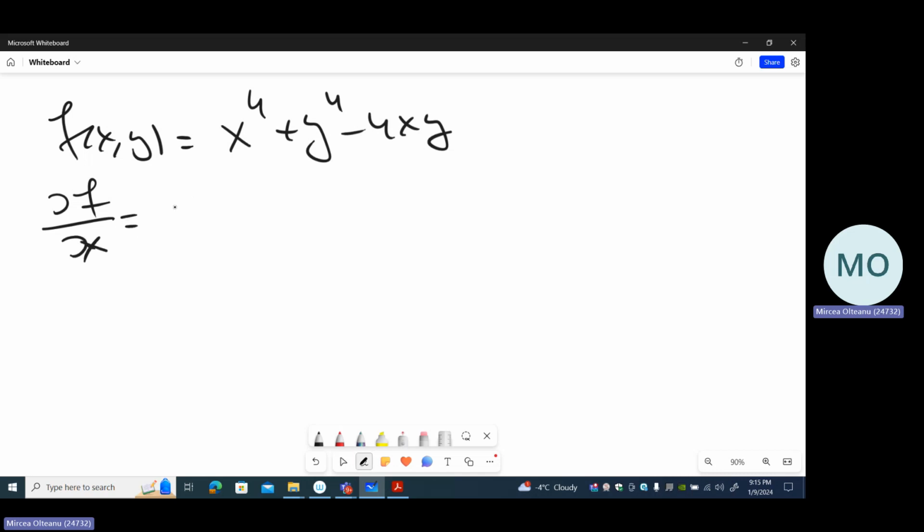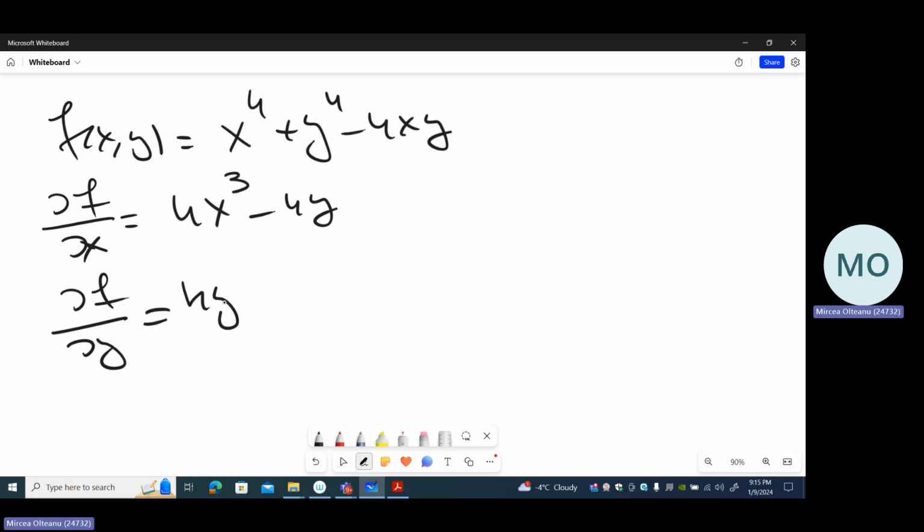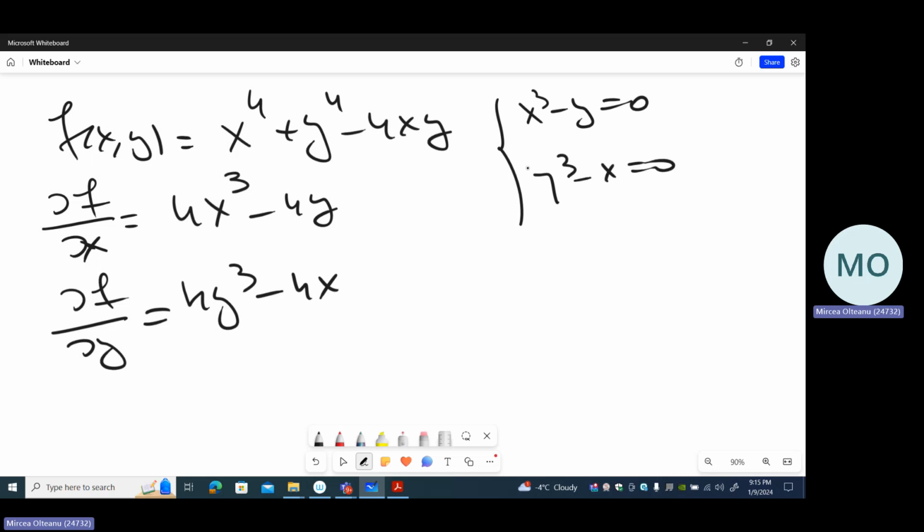The first order partial derivatives are 4x^3 minus 4y and 4y^3 minus 4x. Now the critical points are given by the system written here. From the first equation, we get that y equals x^3, and we replace it in the second. So we have x^9 minus x equals 0.